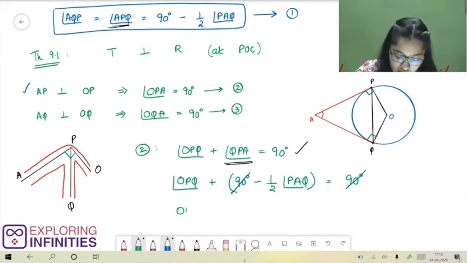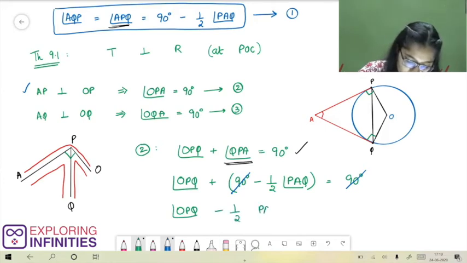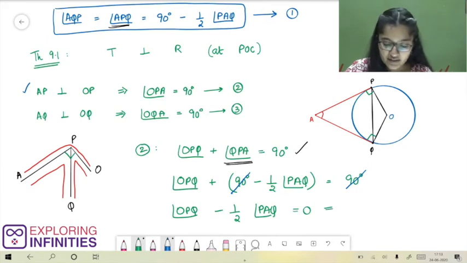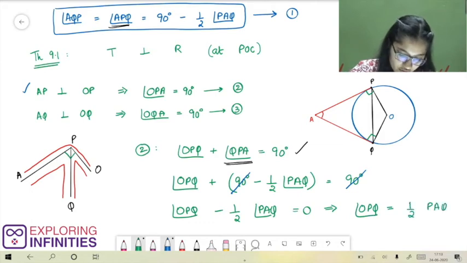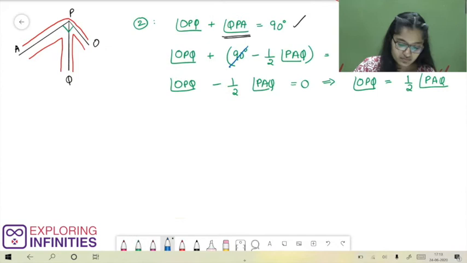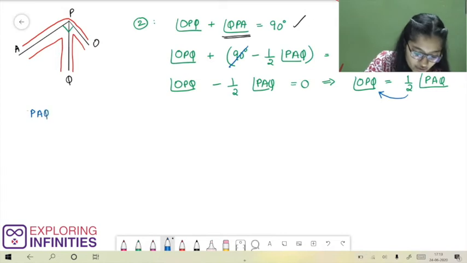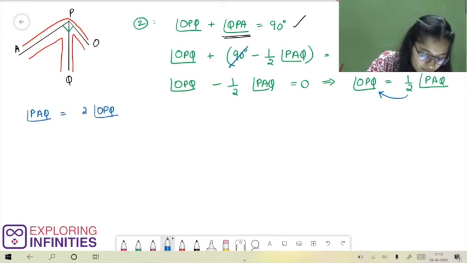Then angle OPQ minus half of angle PAQ would be equal to 0. That means angle OPQ is equal to half of angle PAQ. On cross multiplying and taking 2 to the other side, we obtain angle PAQ is equal to 2 times angle OPQ.